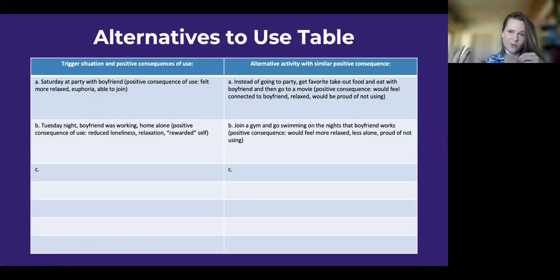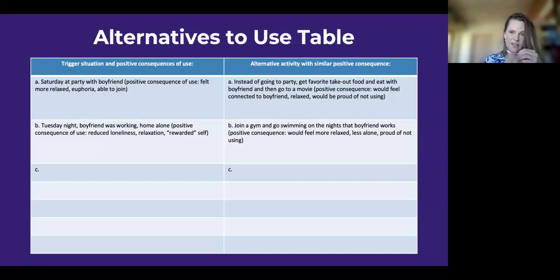A distinction I want to make here is you never want to give the impression this activity is going to make you feel exactly the same way that the substance use did, because it's not. There's just no way that you can compete with how powerfully reinforcing substances are. But what you can help the person do is, over time, build up a wide and flexible repertoire of alternatives that are pleasing to them, that are satisfying, and that provide the meaning and sustainability they're looking for in taking this new path in life.